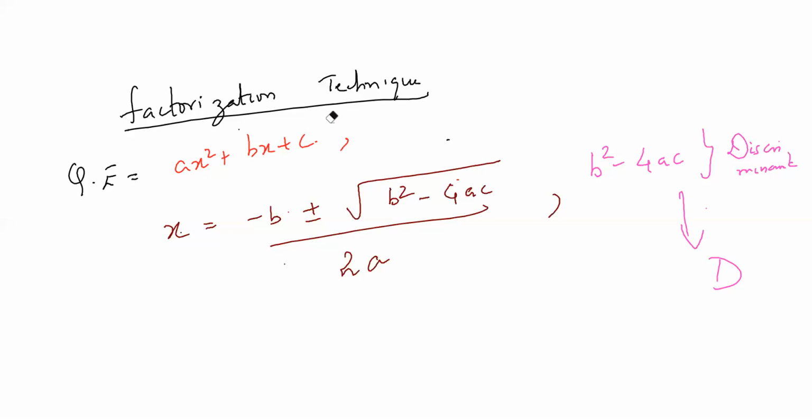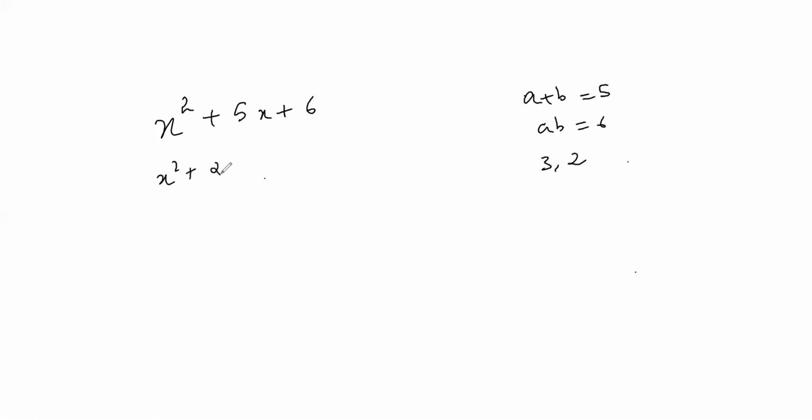Fine. So guys, I'll give you a simple question, where you can see the difference in this. X square plus 5x plus 6. So we know the factors of this. Normally we split the terms. A plus b is equal to 5 and ab is equal to 6. So 3 and 2 are the factors. So x square plus 2x plus 3x plus 6.